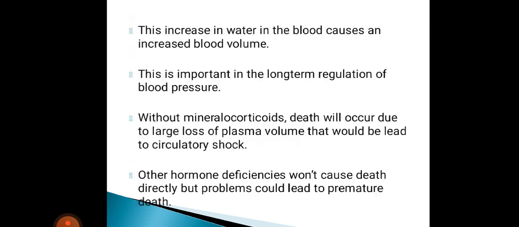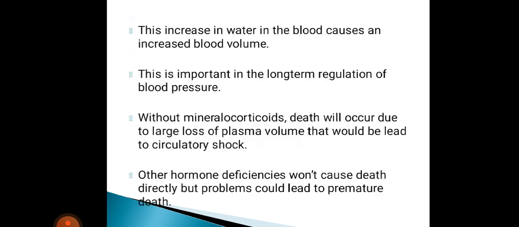And this increase in water in the blood causes an increased blood volume. This is important in the long-term regulation of blood pressure. As I told you, normal blood pressure is 120 by 80, and it is important in the long-term regulation of blood pressure.